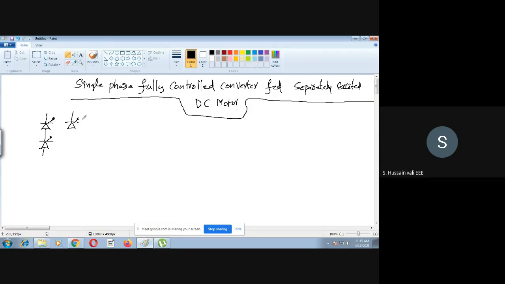The difference between full converter and semi converter is that in a full converter all the four switches are thyristors, whereas in the semi converter, out of four, two are thyristors and two are diodes.